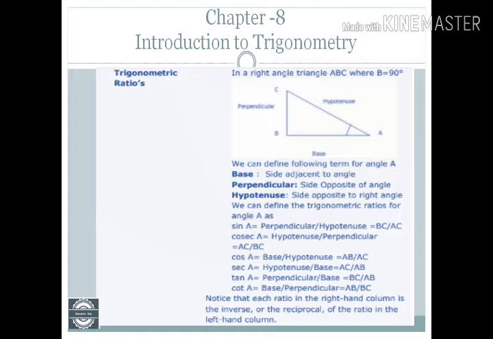Now from there we get sine theta equals perpendicular by hypotenuse, cosec is the opposite, hypotenuse by perpendicular, cos is base by hypotenuse, sec is the opposite of cos, that is hypotenuse by base, tan is perpendicular by base, and cot is the opposite of tan, that is base by perpendicular.